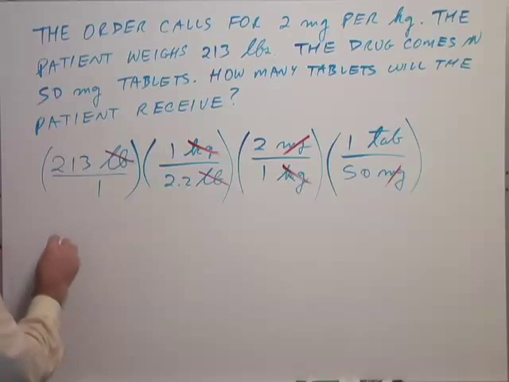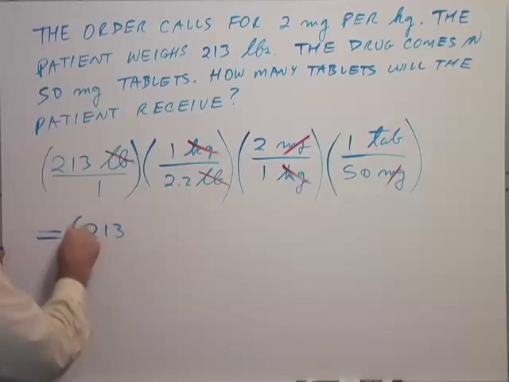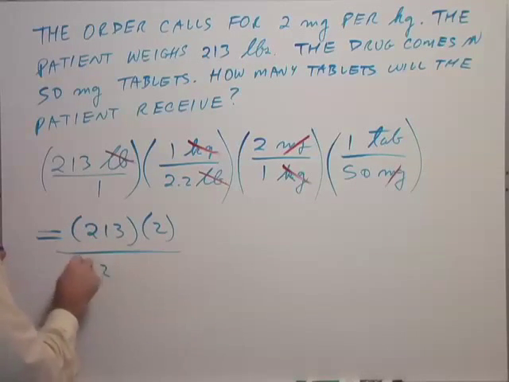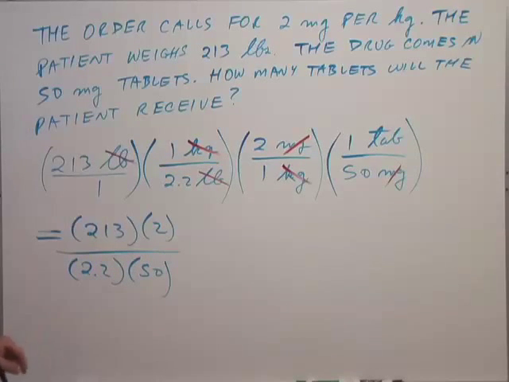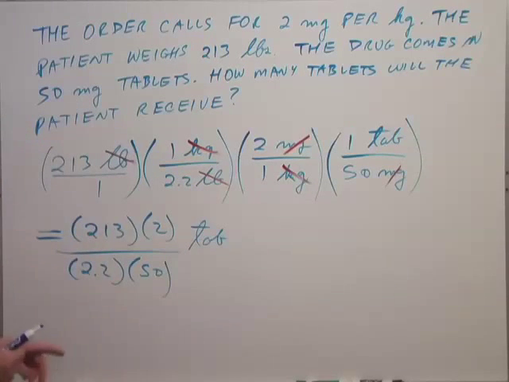So let's rewrite that kind of neatly here so we can see what we're looking at. 213 times 2 over 2.2 times 50. And this is going to be tablets. Now we could do a little simplification. We could, for example, cancel the 2 with the 2.2, leaving 1.1.